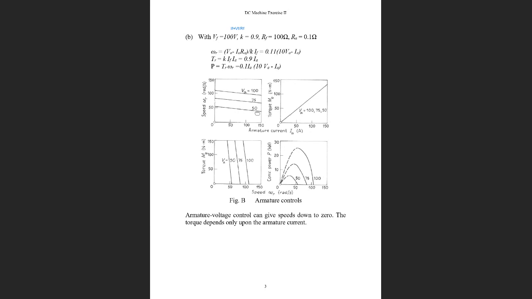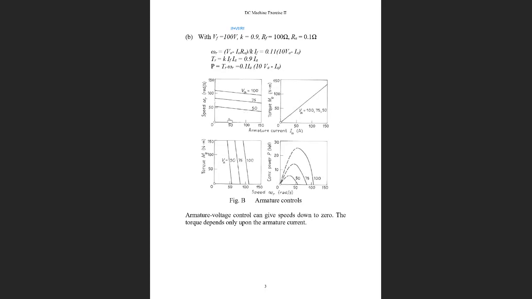The decreasing rate is a little bit higher than that for the 100 volts, but the slopes are almost similar. No more difference between them.